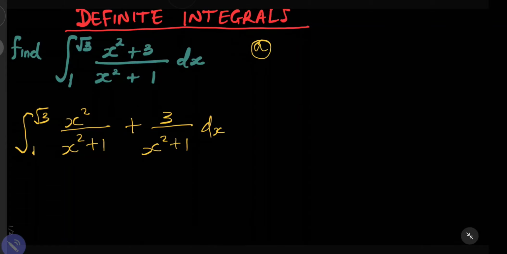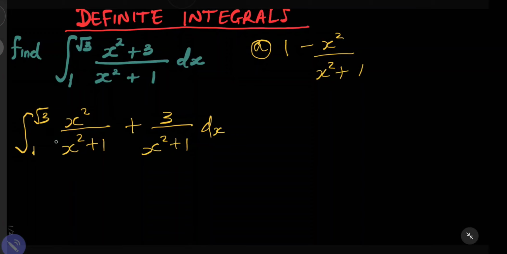So for the first method, let's call it A, we could say 1 minus x squared divided by x squared plus 1. And the reason we are saying this is because when you look carefully at this, you see that the numerator is less than the denominator.